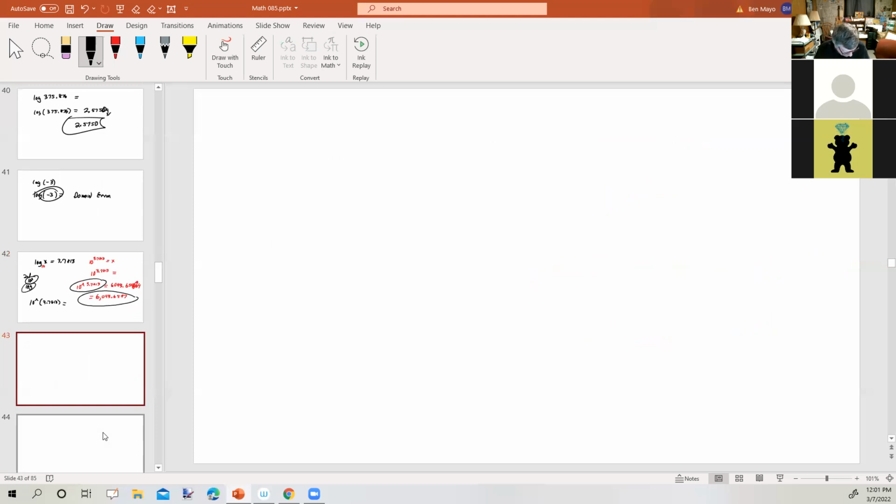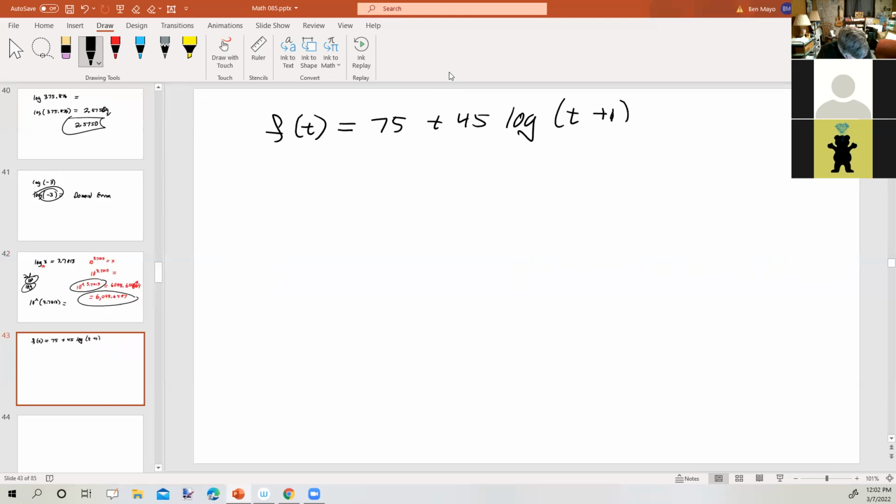She was told that with the proper oversight, the sunfish population could be approximated by the logarithmic function f of t equals 75 plus 45 times the log of t plus 1, where t is the number of years since the lake was stocked. Find the number of sunfish she can expect in the lake in 2.5 years.